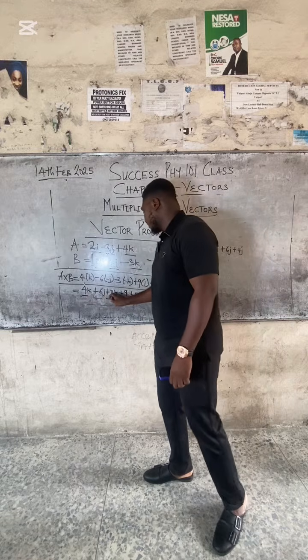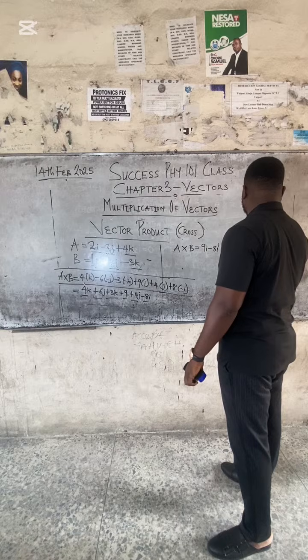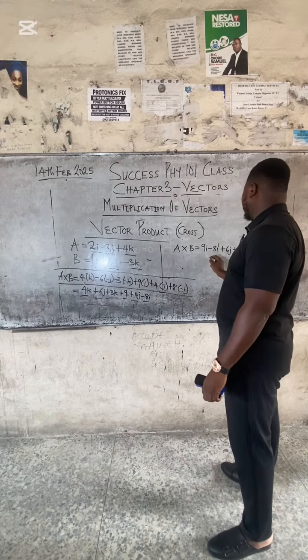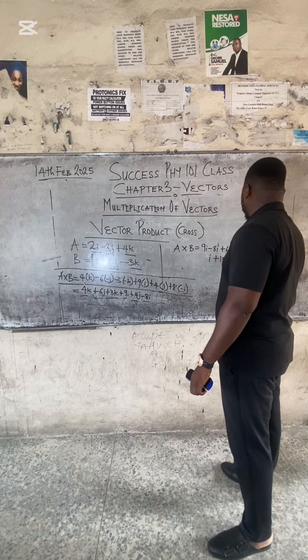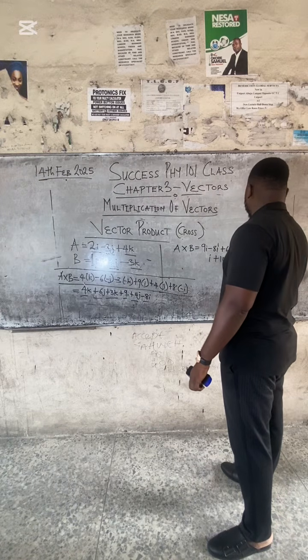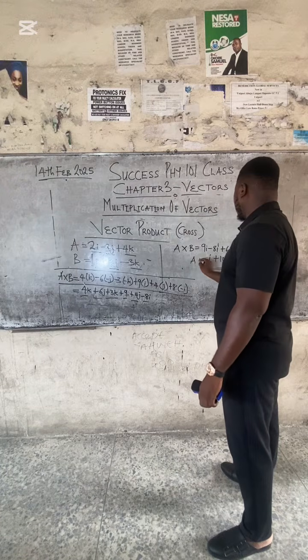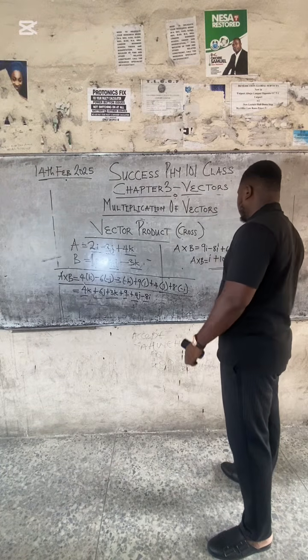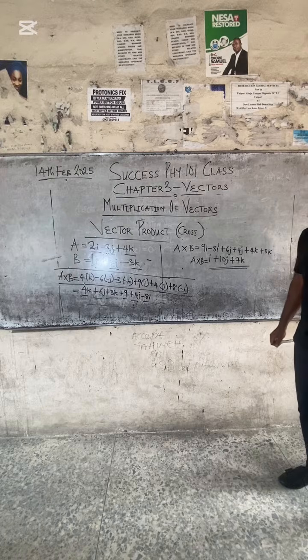Plus 4K plus 3K. 9I minus 8I is I. 6J plus 4J is 10J. 4K plus 3K is 7K. Class, this is A cross B: I plus 10J plus 7K.